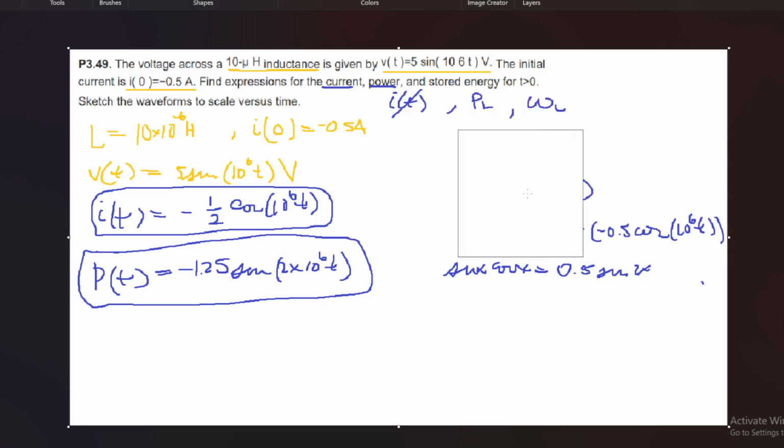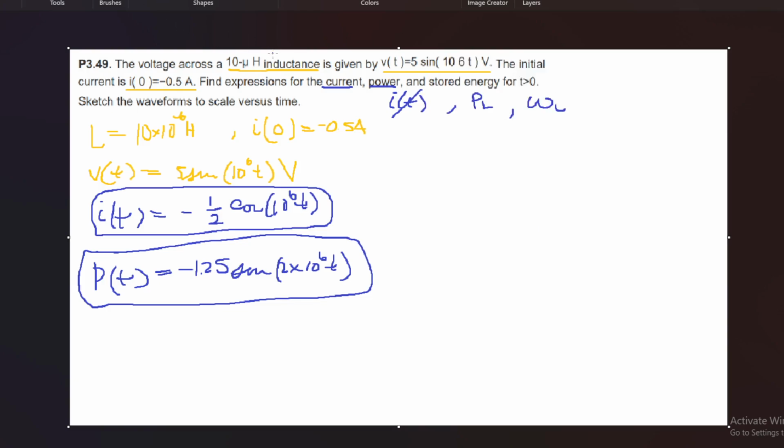And then finally, we can calculate WL. Basically our W is our stored energy, and our stored energy is just 1/2 times, oh my god, sorry, it would be 1/2 times the inductance, times IL squared.